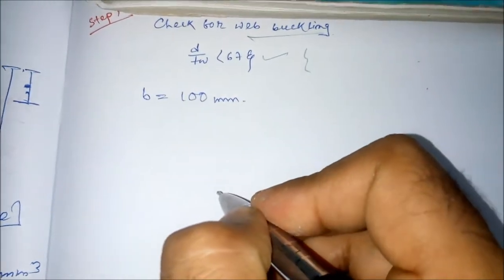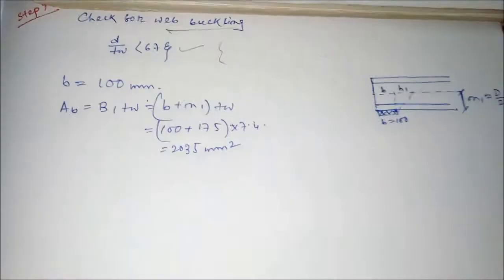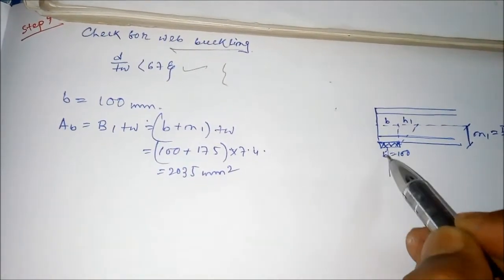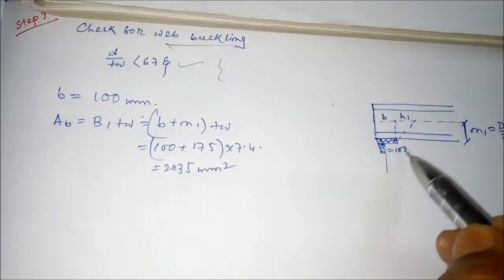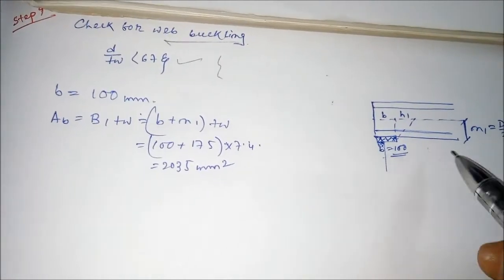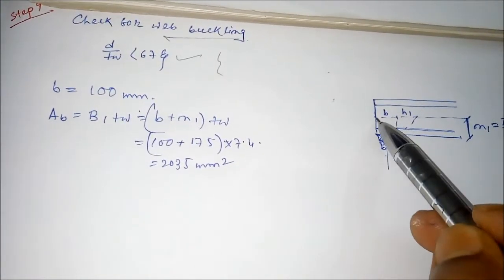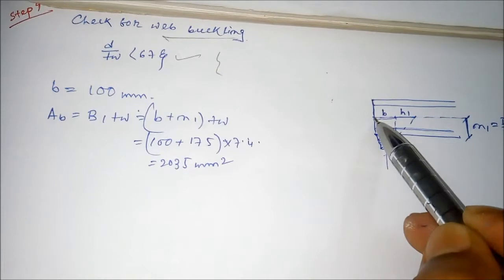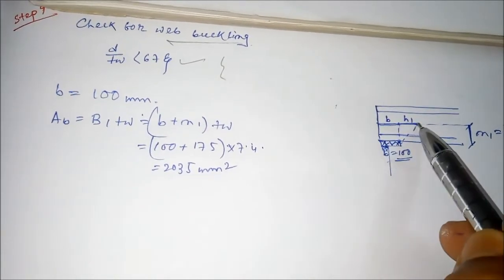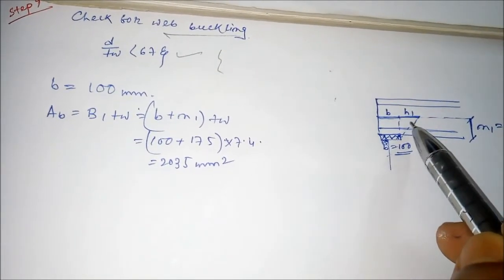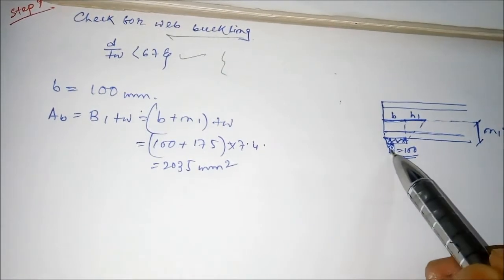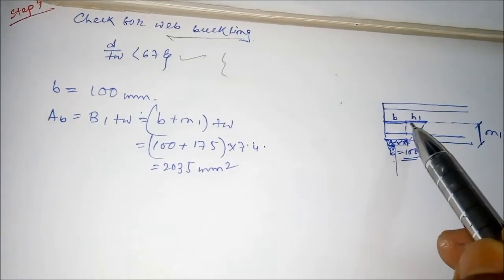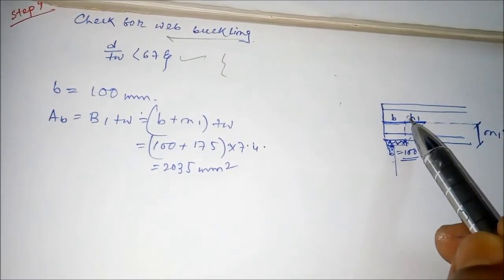Let me write down first of all, then I will explain. So in case of over the reaction, the bearing we have assumed is 100 mm. So we need to find out this area, that means this length multiplied by the thickness of the web. This length will be the bearing B plus this value N1.